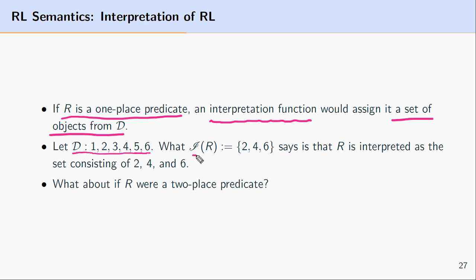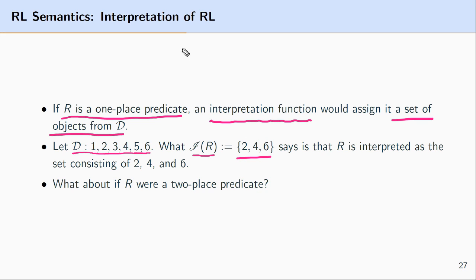The interpretation of R would just pick out a collection or group or set of objects that are drawn from the domain. So we might say the interpretation of R is simply the numbers 2, 4, and 6. Or we can think of it as saying R picks out the even numbers from this collection of numbers 1 through 6.